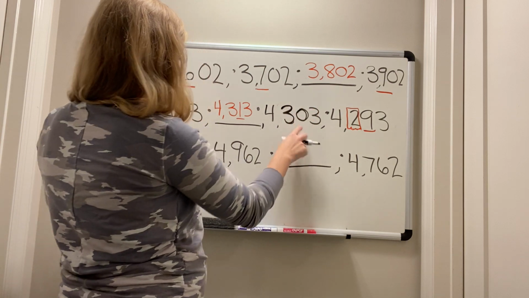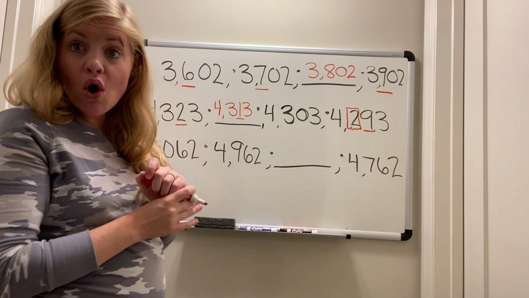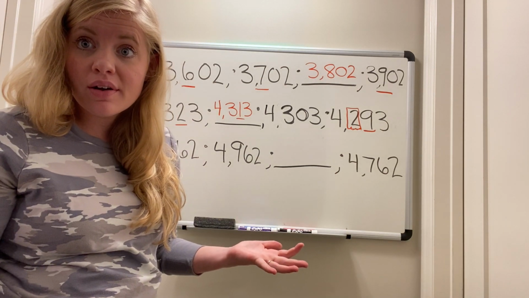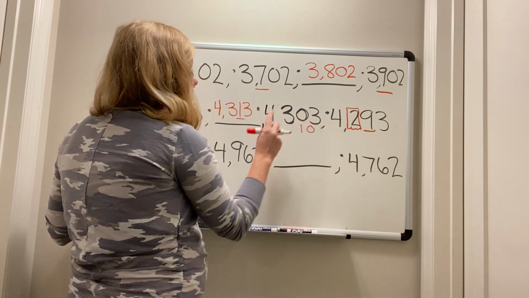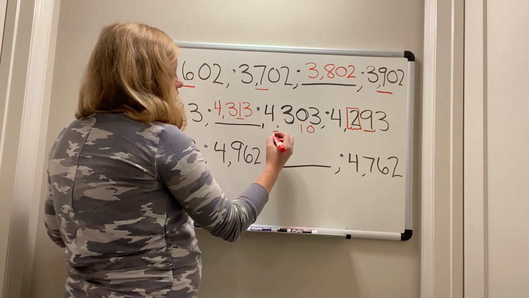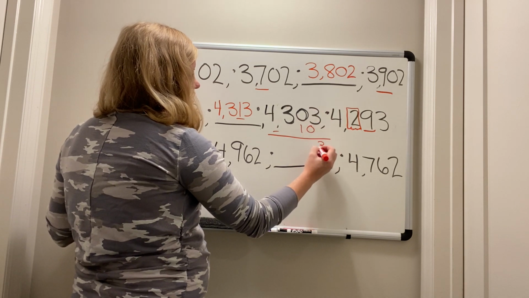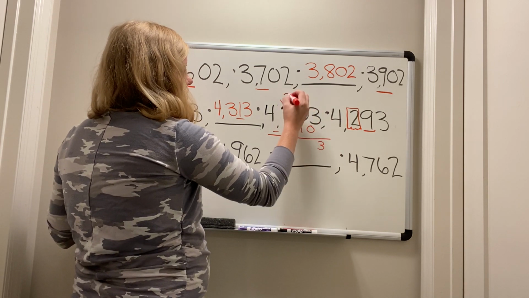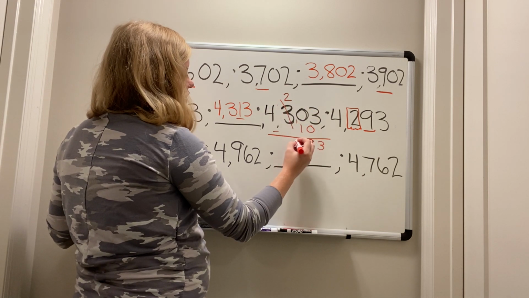If you have a 0 here, can we take 10 more from that place? No, we're going to have to go where? To the hundreds, that's right. So if we take 4,303 minus 10, 3 minus 0 is 3, 0 minus 1 can't do it. We turn this 3 into a 2, this becomes a 9.